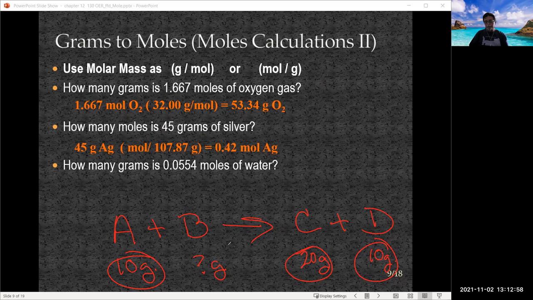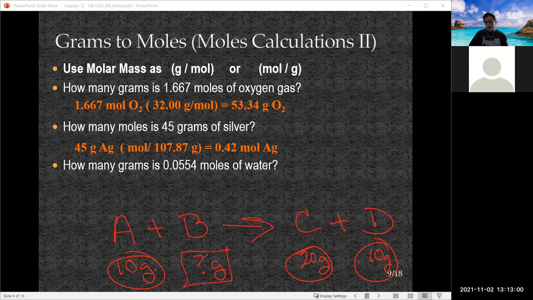Anybody want to give that a shot? 20. 20, exactly. Now, how do we know it's 20? Because of conservation of matter and mass, right? We have a total of 30 grams as reactants, so I need to end up with 30 grams of products.